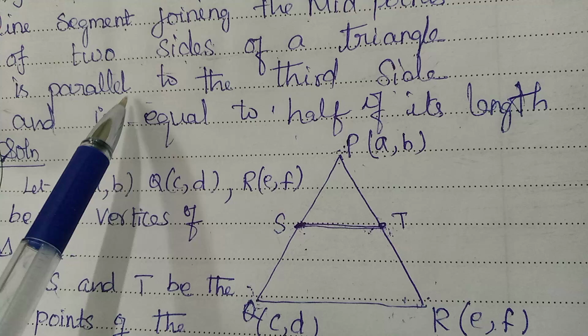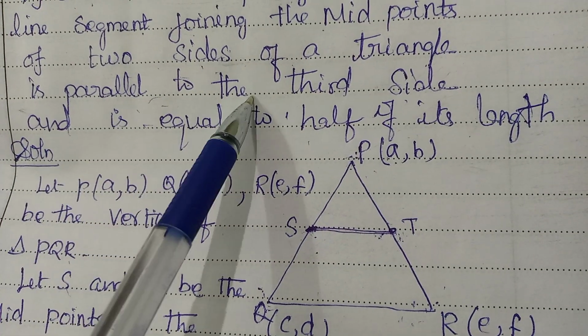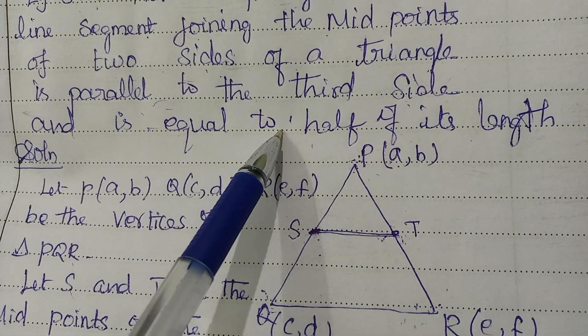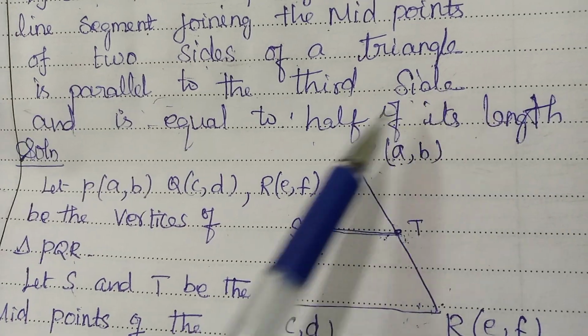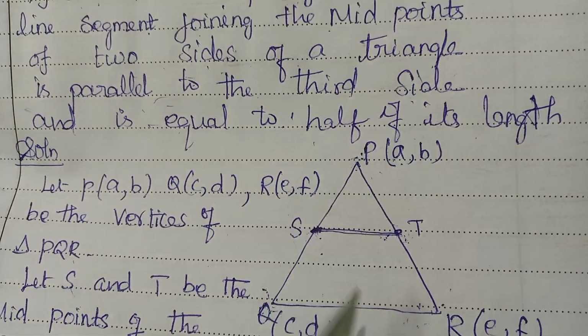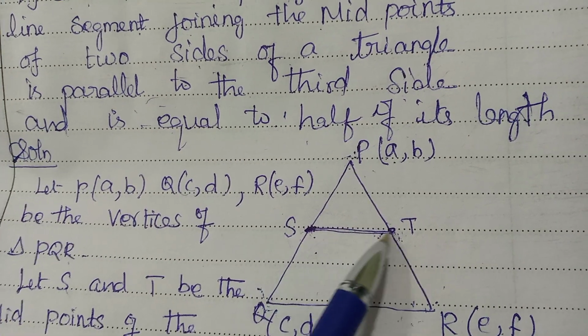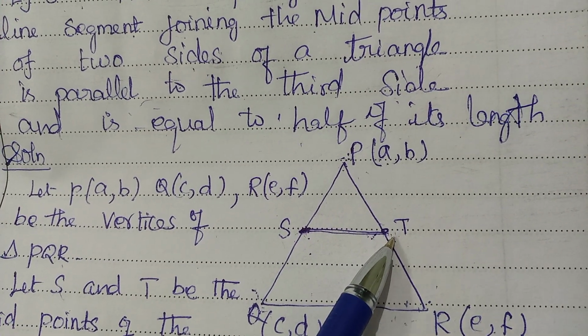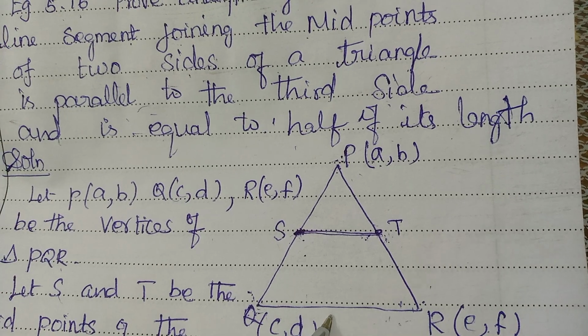Next, one more question they asked: is it parallel to the third side and equal to half of its length? What is meant by this? The length of ST is equal to half the length of QR.